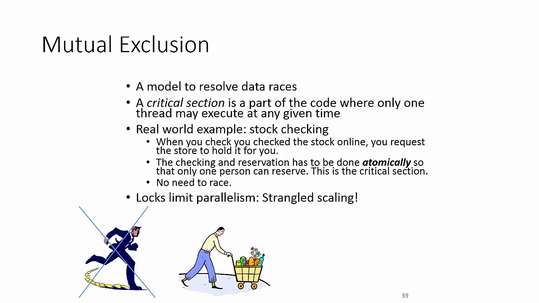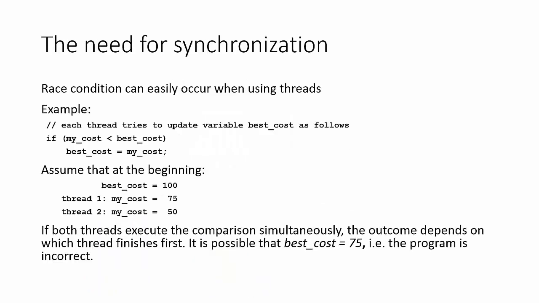But obviously, this kind of lock limits parallelism, because if you lock access to a data item and you're not really using it, then no other thread can use it either. So use locks carefully. Locks can also lead to deadlocks, which is problematic.